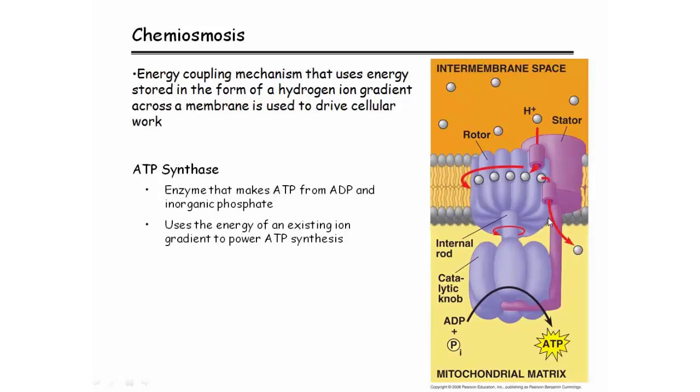So this would be a type of facilitated diffusion. And as they flow high to low, they will cause the wheel on this enzyme to spin. So this is very similar to the way water rolling down a hill would make a water wheel spin. And that spinning action is going to power the enzyme to take ADP and phosphate and put them together to make ATP.